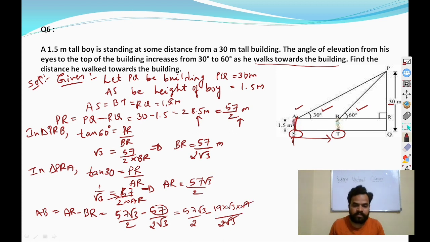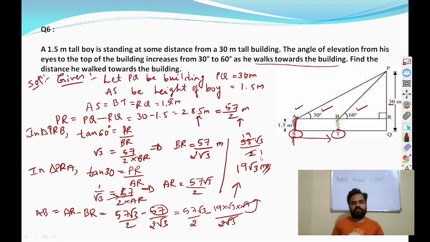So 57 root 3 minus 19 root 3 by 2. All of you please do observe here. From here I am writing it is 38 root 3 by 2, which is 19 root 3. Therefore the distance covered by the boy is 19 root 3 meter.